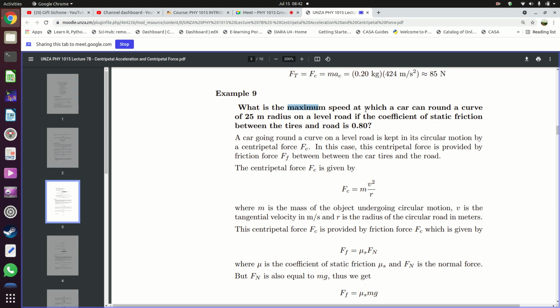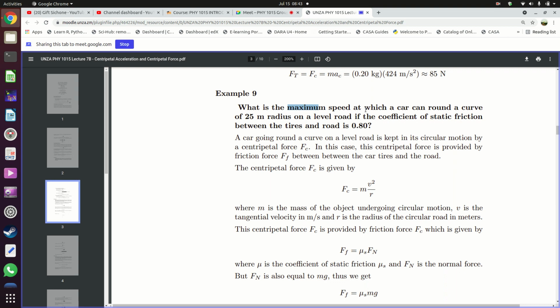And usually when roads are being built, they'll put a speed limit sign. When you're entering a curve, you must find a speed limit signpost telling you that on this part of the road, the speed limit is 70 kilometers per hour, or 80, or 90, or 60 kilometers per hour.